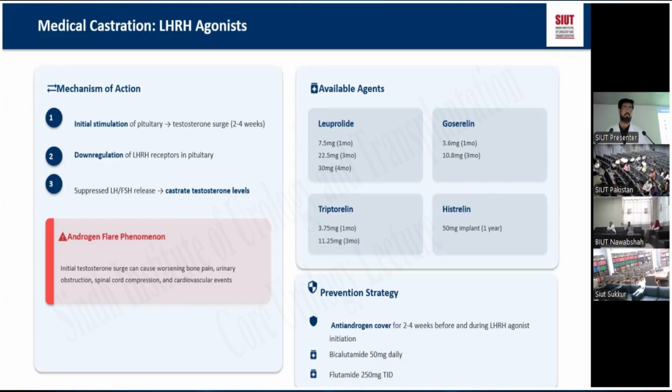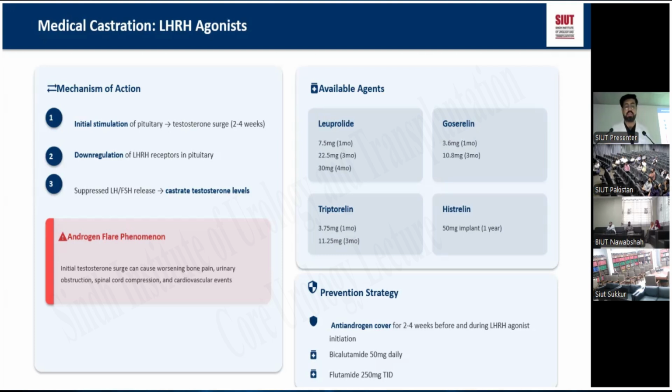When you give an exogenous LHRH agonist, it continuously stimulates the pituitary gland. That will lead to the flare phenomenon. But with time, these LHRH receptors are downregulated and desensitized, which leads later on to decreased LH in the serum.